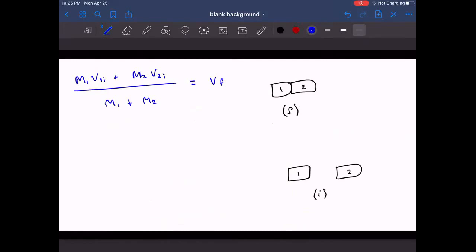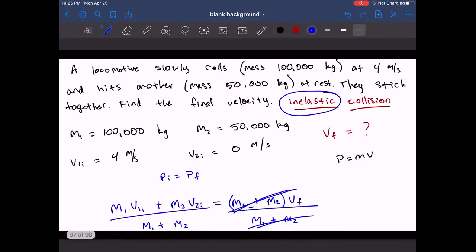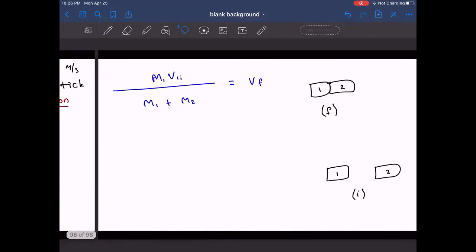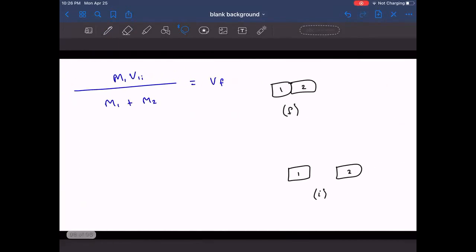So you would get 100,000 kilograms times 4 meters per second plus 50,000 kilograms times 0, over 100,000 kilograms plus 50,000 kilograms.